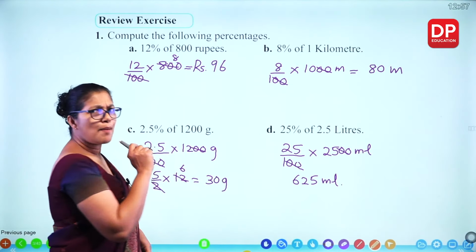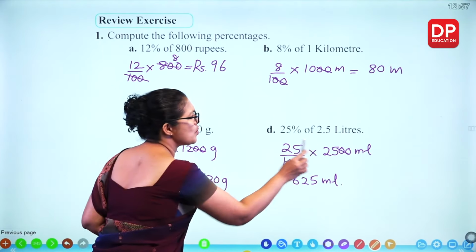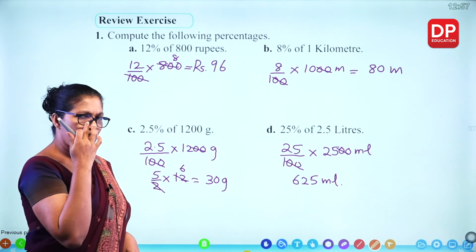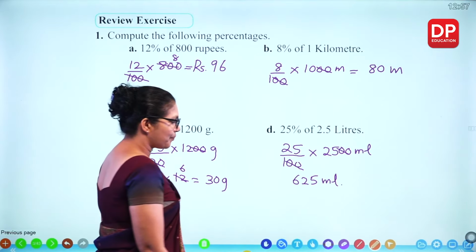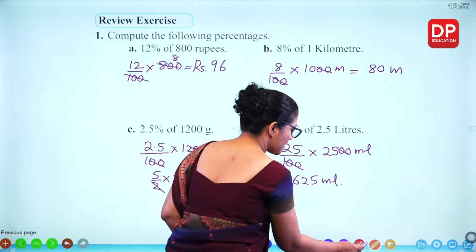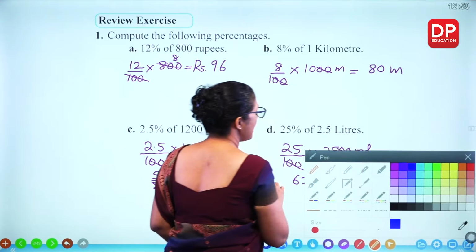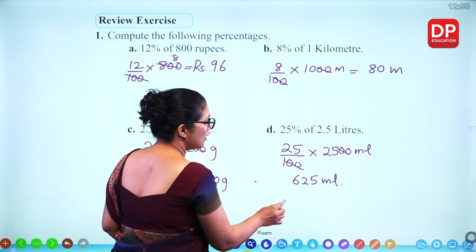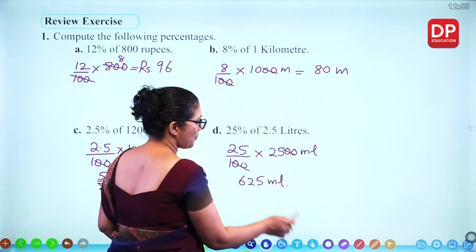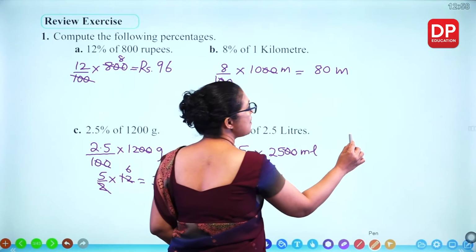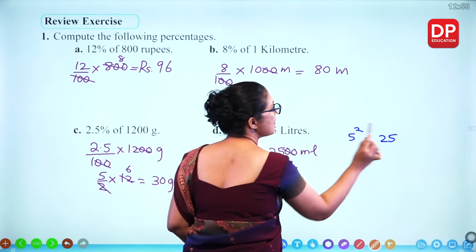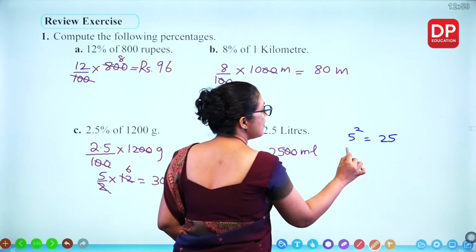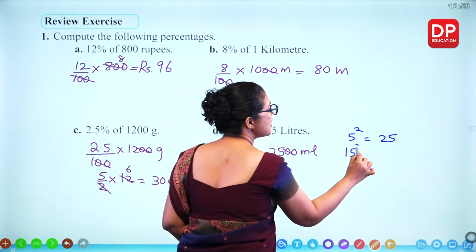Here in this example we came across 25 times 25. Do you know an easy method to find out a square term? So we'll look at that first. 5 squared, we know 25. 15 times 15, what do you think?